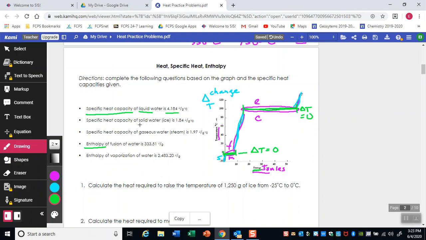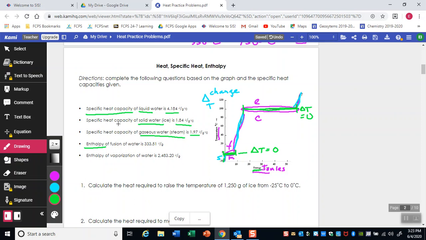If you have solid water, which is ice, ice can absorb heat, energy, but it can't absorb as much. It's a lower specific heat. And then if you have vapor, it's kind of in the middle. It can absorb more than an ice cube, but less than liquid water.